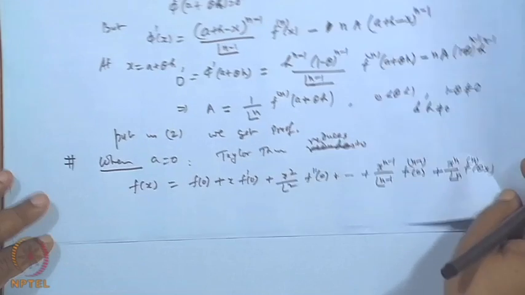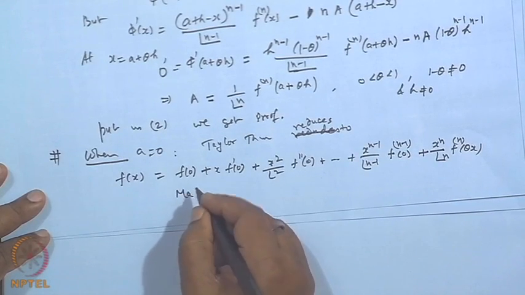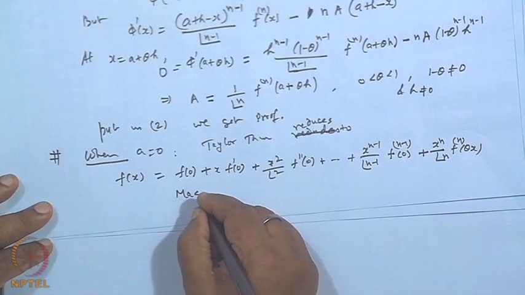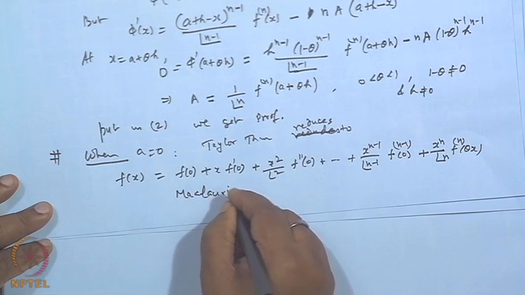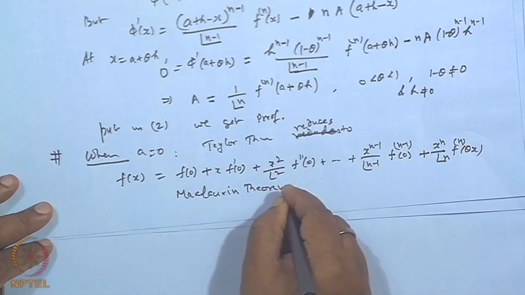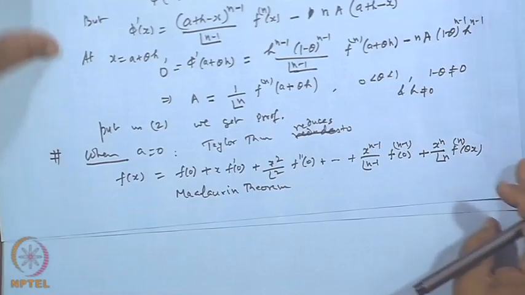This form is known as Maclaurin's theorem.